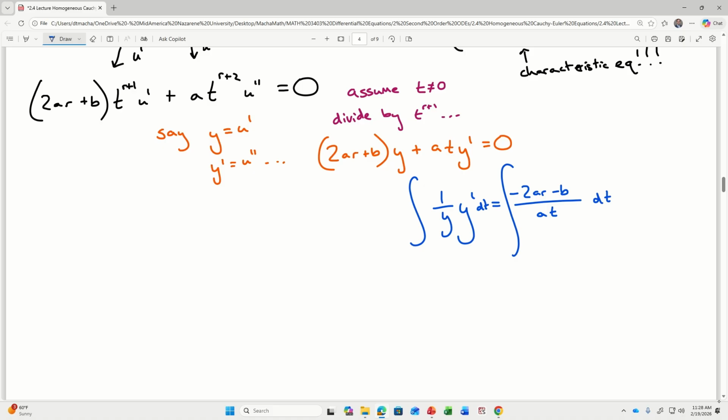On the left side, the antiderivative of 1 over y is natural log of y. On the right side, the antiderivative of this is natural log of t plus a constant, and also times negative 2ar plus b over a.